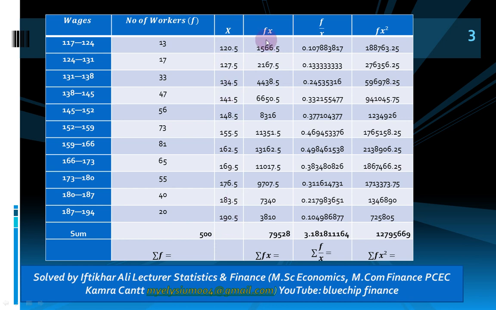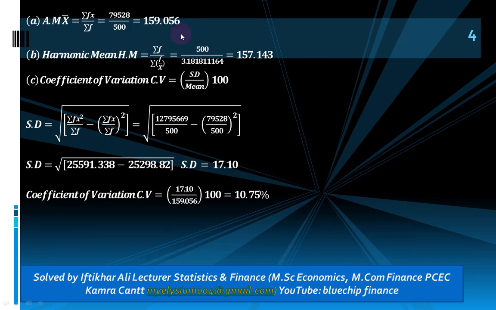After that, we need the product of fx. So we just simply multiply frequency of workers with the class mark, 120.5 multiplied by 13, 1566.5, and so on. And sum of fx is 79528 and sum of f is 500. So we can calculate mean, which is equals to 159.056.